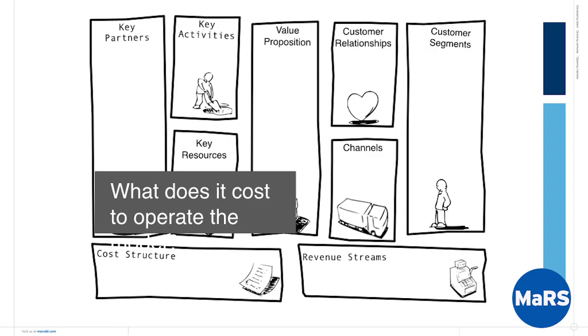And all those activities on the left have price tags attached to them. They have a cost structure. And so we want to quantify here the cost structure. In an early stage of your business, this should be a living document. A lot of those things are going to be blank.